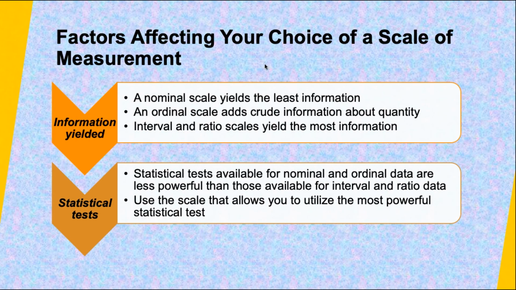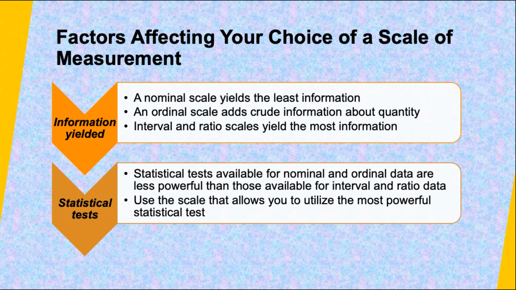Then we have the statistical test. As noted by Stevens in 1946, the basic scale of measurement of a variable determines the kind of statistic that can be applied to the analysis of your data.